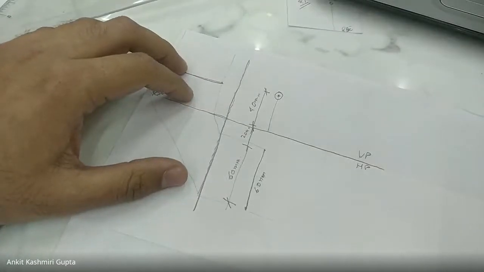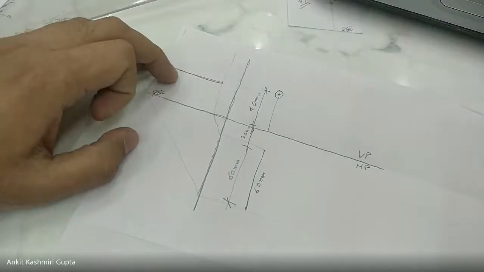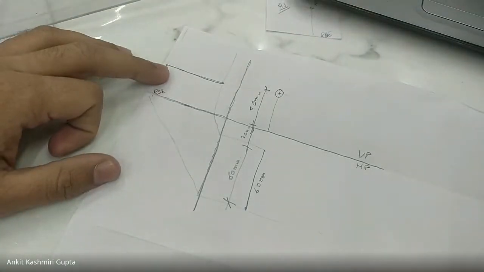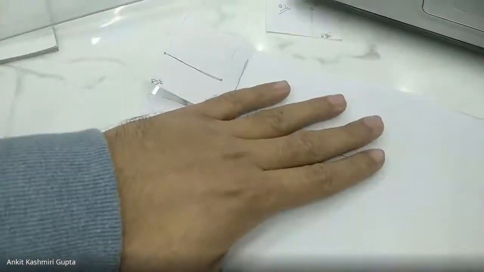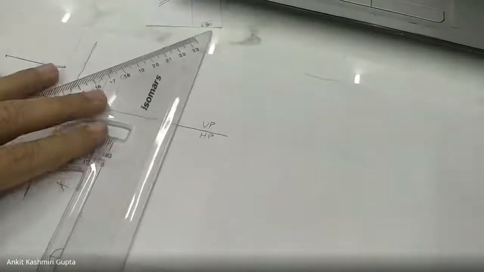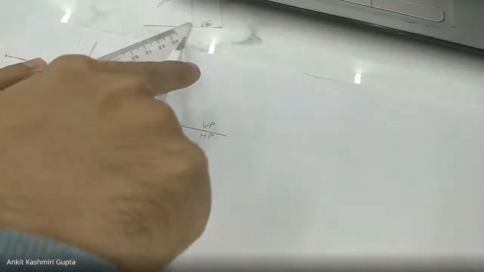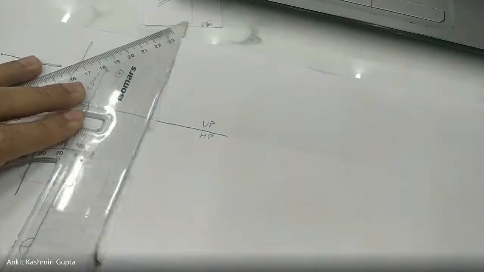Now moving on to question number 3. Question number 3 says that an 80 mm long line PQ lies on HP, is inclined at 30 degrees to VP, and its point P is 20 mm in front of the VP. Okay, so moving on to this question. I have my axis which is laid.